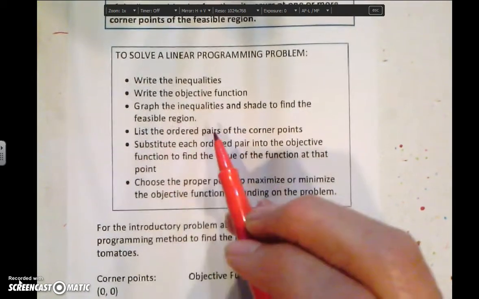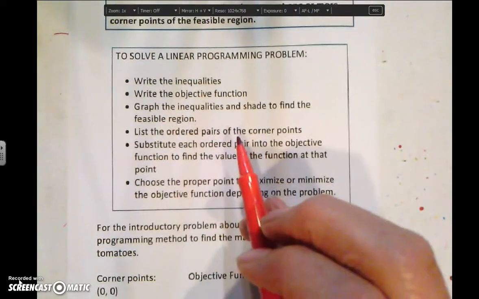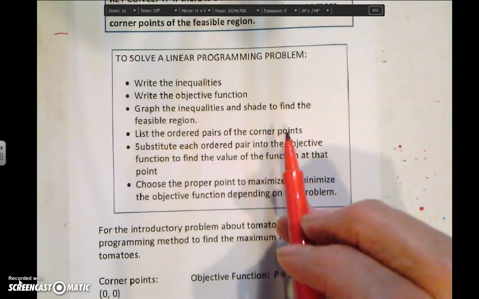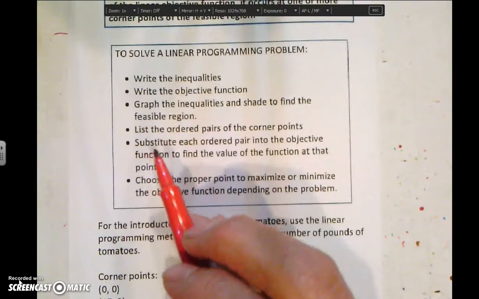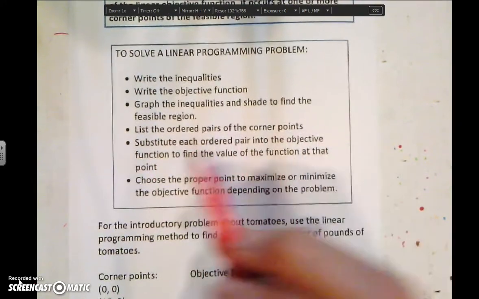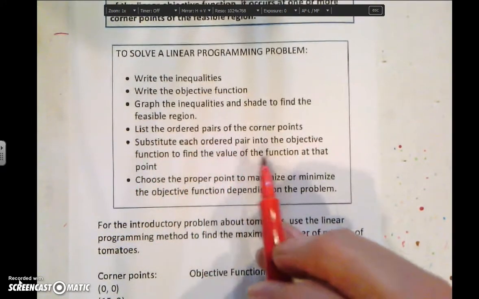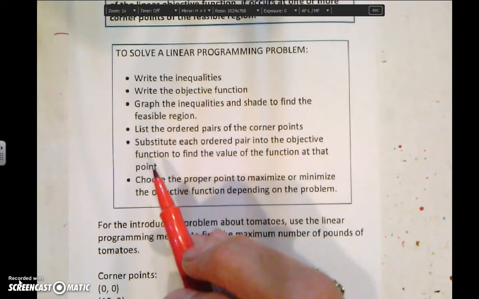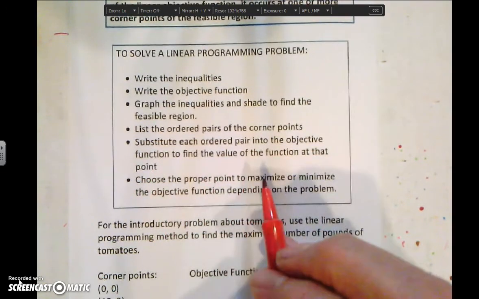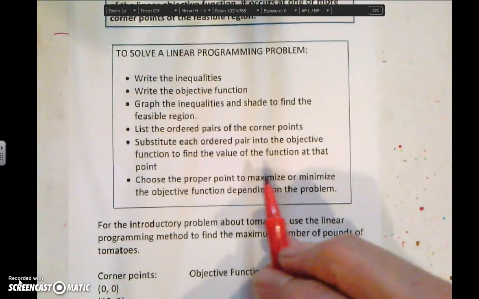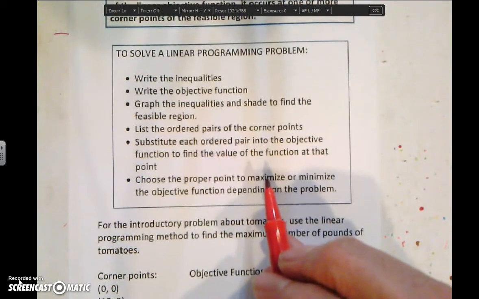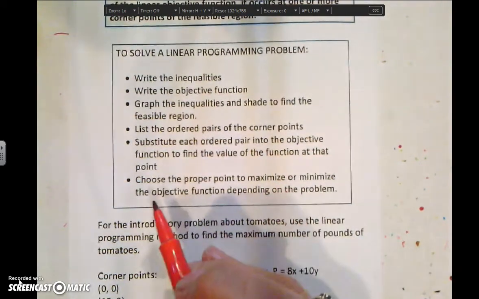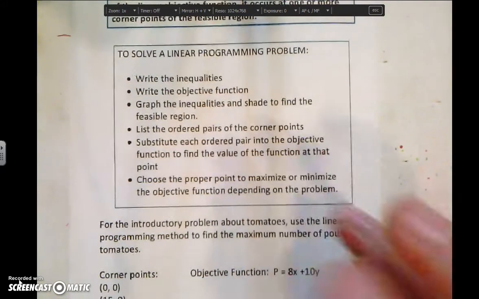You're going to list the ordered pairs of that feasible region, so the corner points, and then substitute each ordered pair into the objective function to find the value of the function at that point, and then choose the proper point to find either the maximum point or the minimum point of the objective function, depending on what the problem asks for.